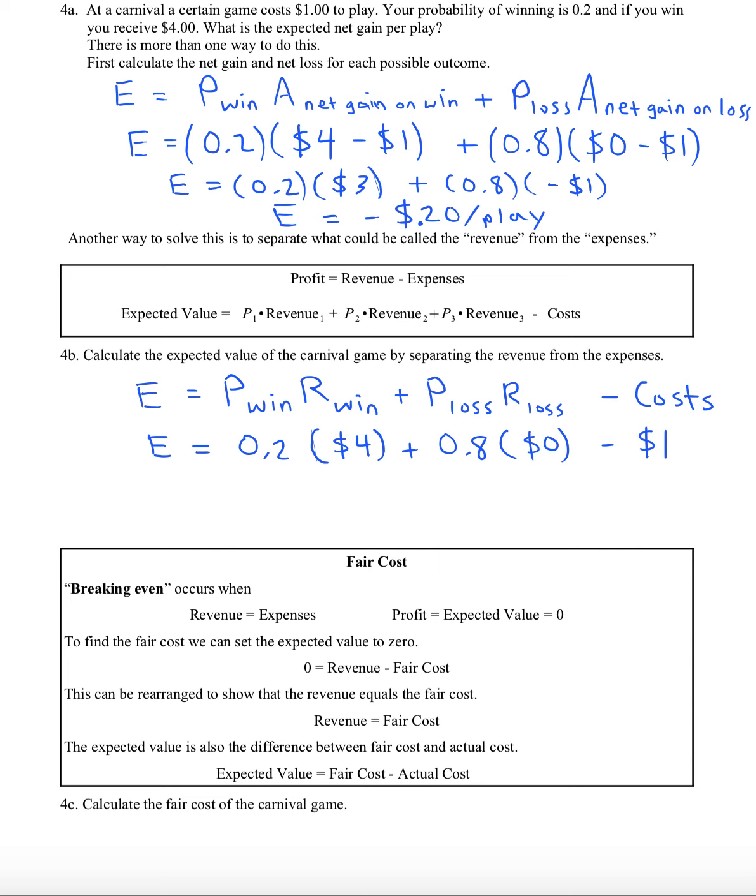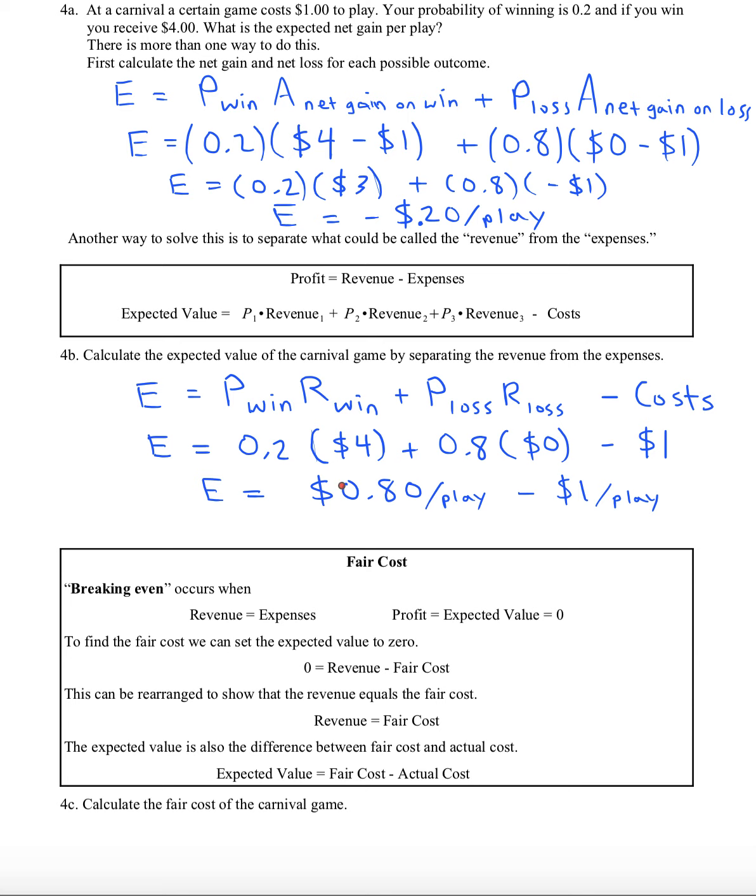And what's really cool about this approach is that we actually get to see that we've got 80 cents in revenue per play and $1 in expenses per play.